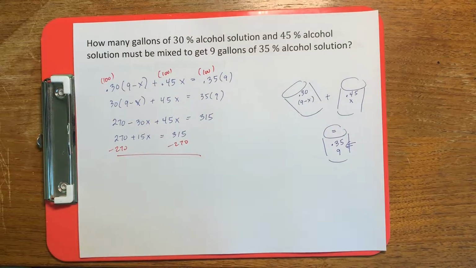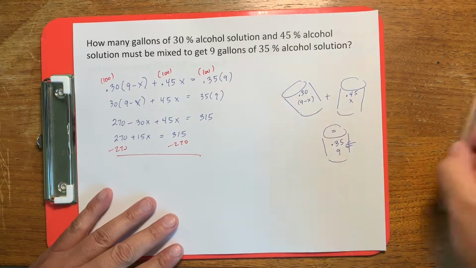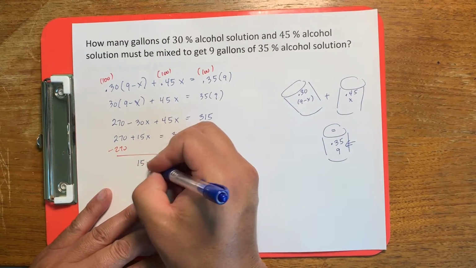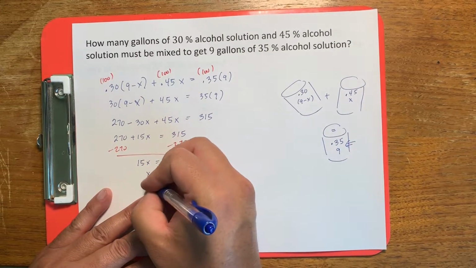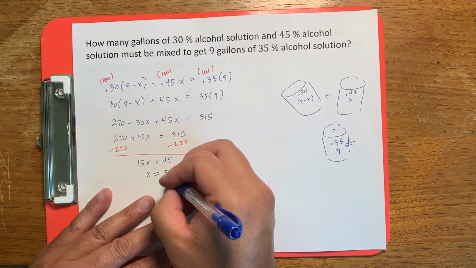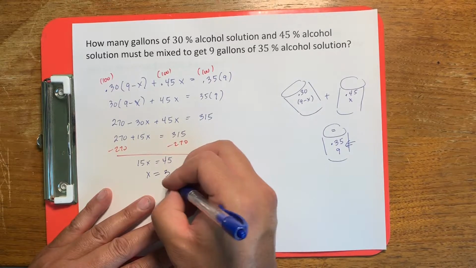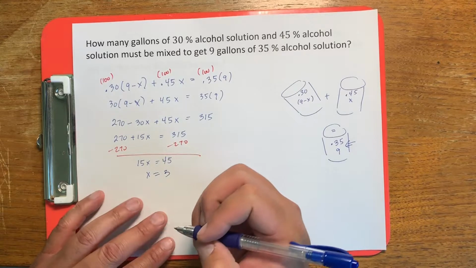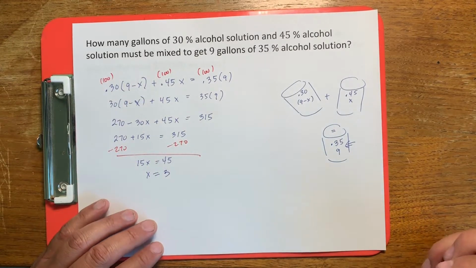And we get 15x is equal to 45. x is equal to 3. Okay.